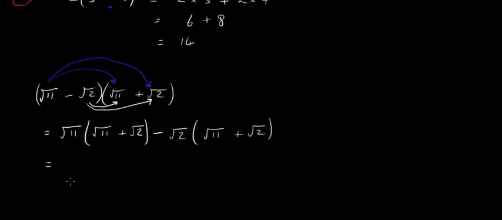So root 11 times root 11, that's just simply going to be 11. Remember, root a times root a is just going to be a, or root a squared if you like. The squaring is the opposite to the square root, so it just cancels it out, and you just end up with the a.